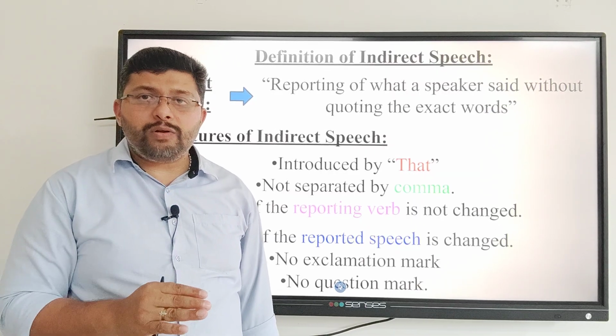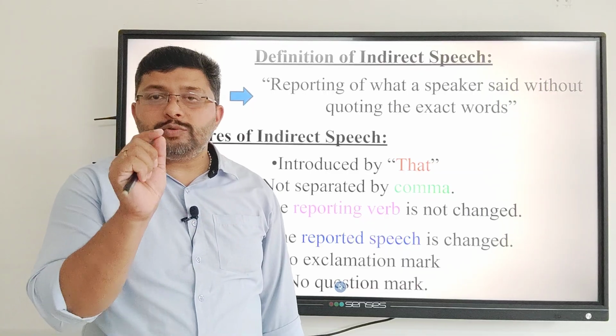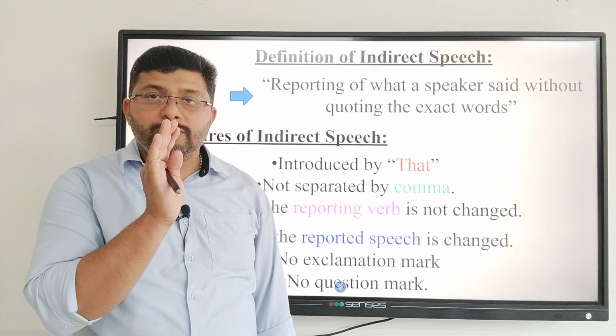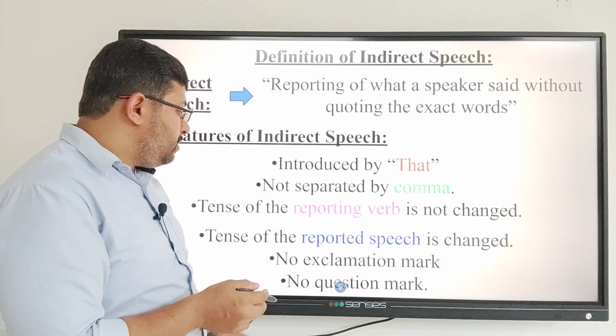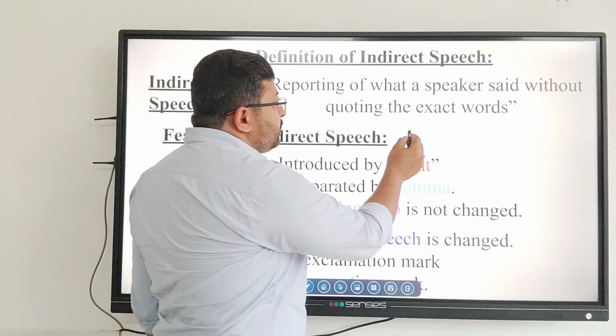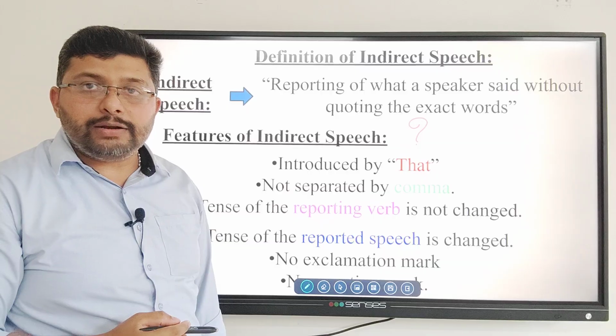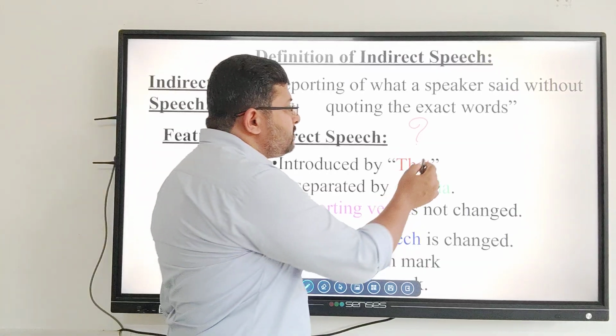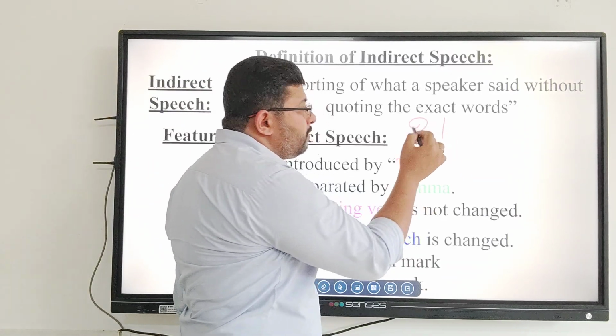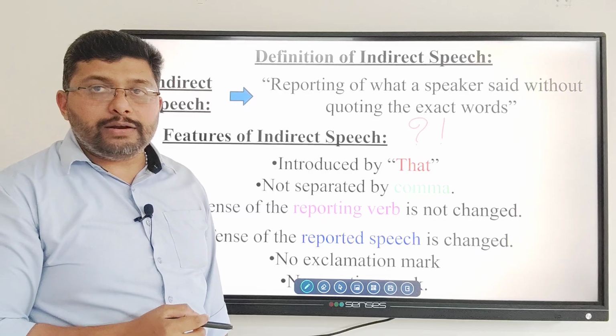And among these 4, 2 types of sentences have some specialities. The first one is interrogative sentences, which will have a question mark at the end, and exclamatory sentences will have an exclamation mark at the end.